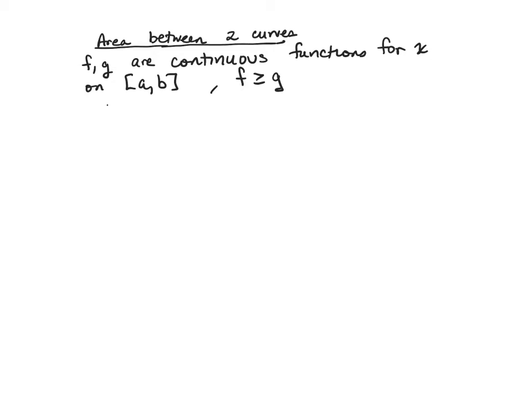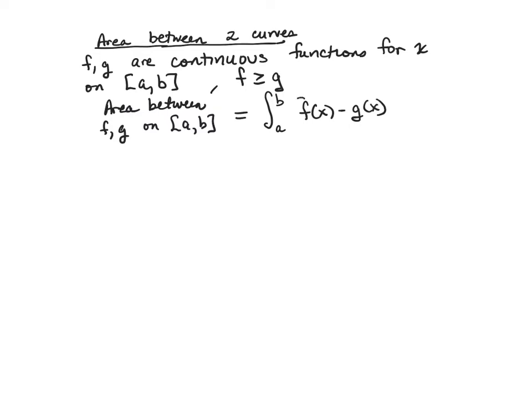Then the area between F and G on this closed interval of x from a to b is represented by the definite integral from a to b of the top function minus the bottom function, all in one integral with respect to x.